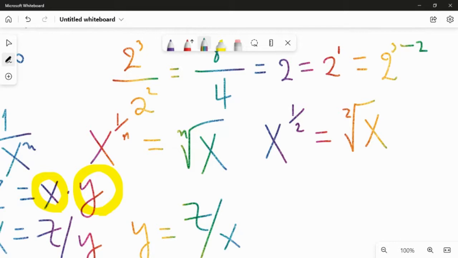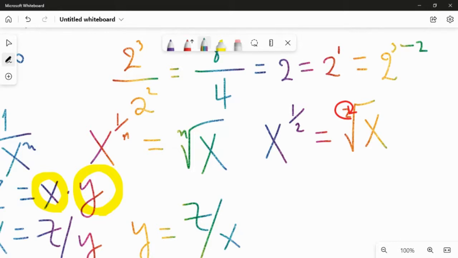And of course, you might wonder, do we have to put the index there? No, normally we just omit it when it is square root, but the root symbol, the root operator, is not only for square root.